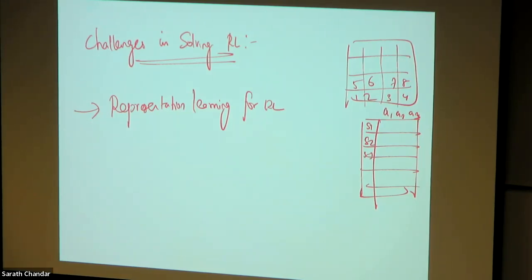One way to learn representations is to use function approximation, right? We can have, for example, a neural network which takes the current observation in whatever format. For example, in the case of Atari games, we had the image given as input.